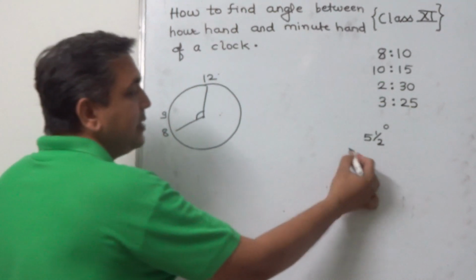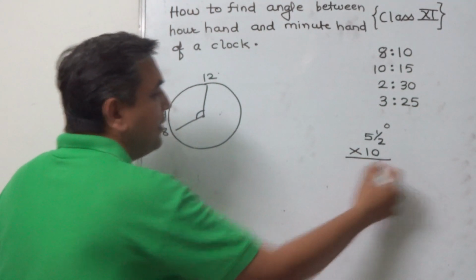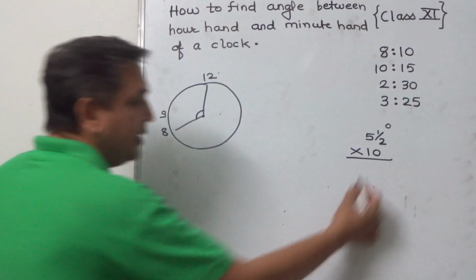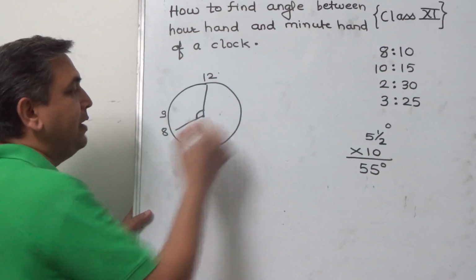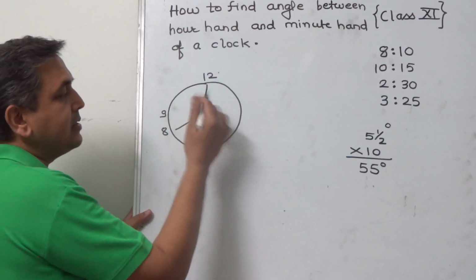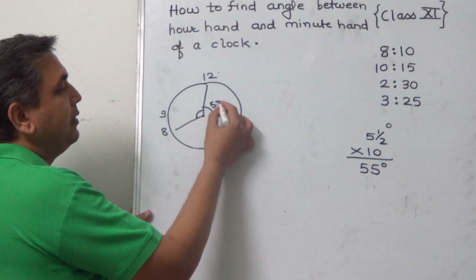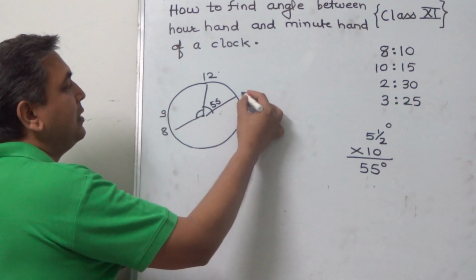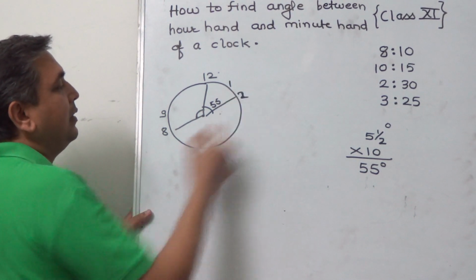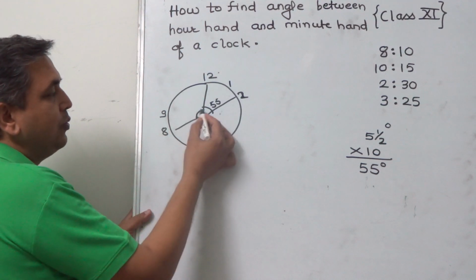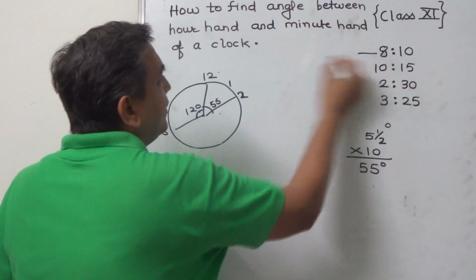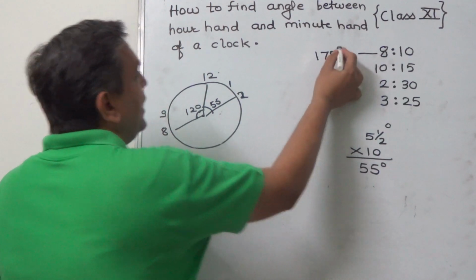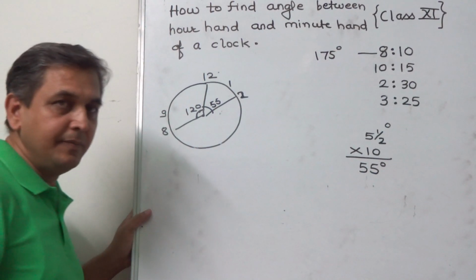So in 10 minutes, the angle will increase by 5.5 into 10, that is 55 degrees. Now here the angle is 120, it will increase by 55 when it goes to 8:10. So 120 plus 55, the angle should be 175 degrees. Is this clear?